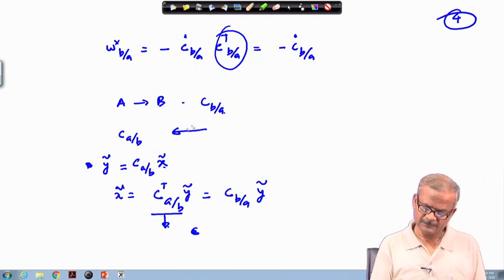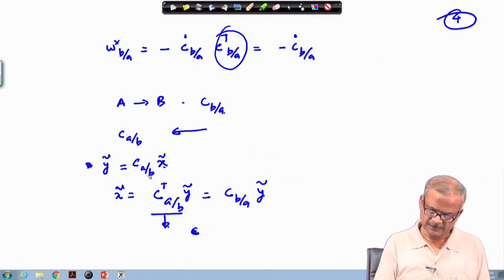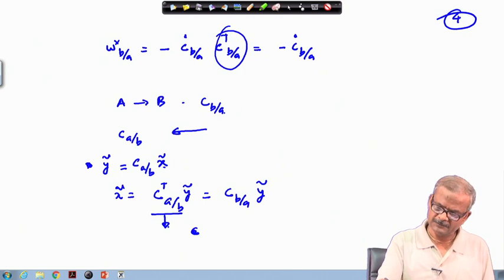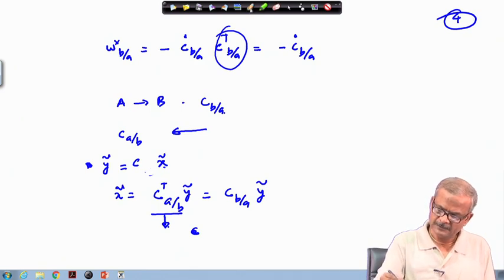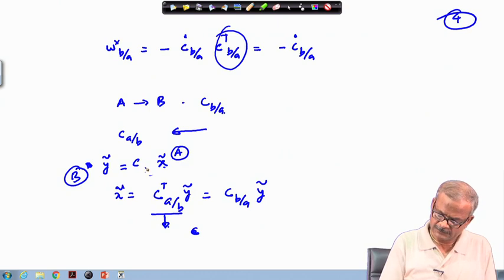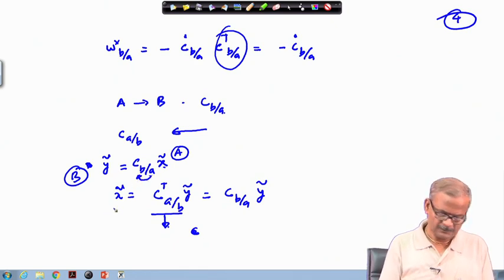Sorry, I have used the wrong notation here, let me correct it. We are going from A frame to B frame. So, this is in A frame and this is in B frame. So, we have written this as A frame to B frame. This is the notation we are following.